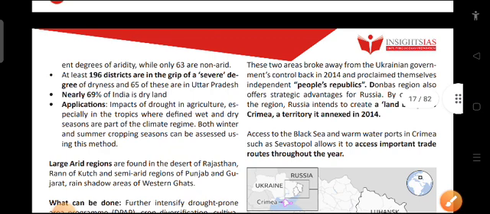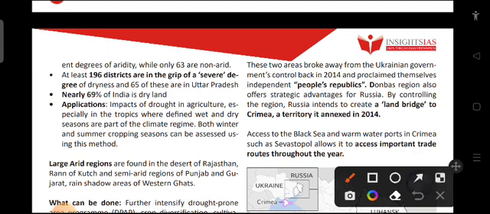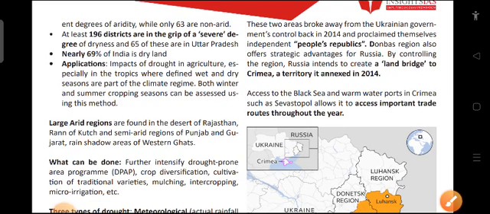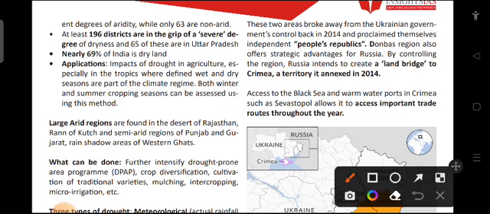At least 196 districts are in severe dryness, and 65 of these are in UP. So 196 districts are severely affected, and 65 of them are in Uttar Pradesh. And 69% of India is dryland. This is important. India has 69% dryland.